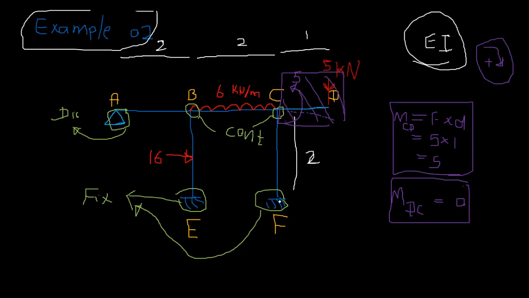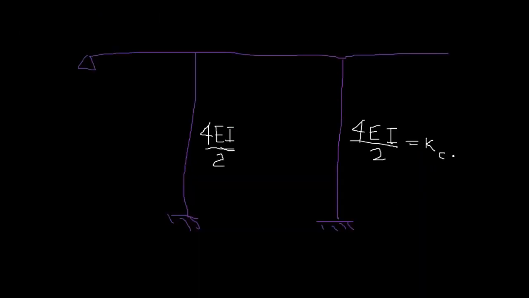This is K CF. This is K BE. Is that right? Yeah. This is K BC. That is also continuous to continuous, 4EI over L. This is also 2EI.